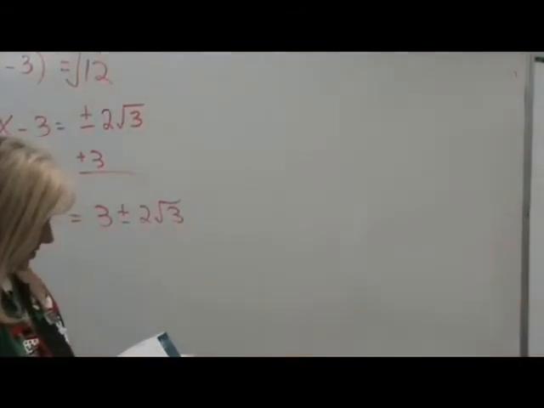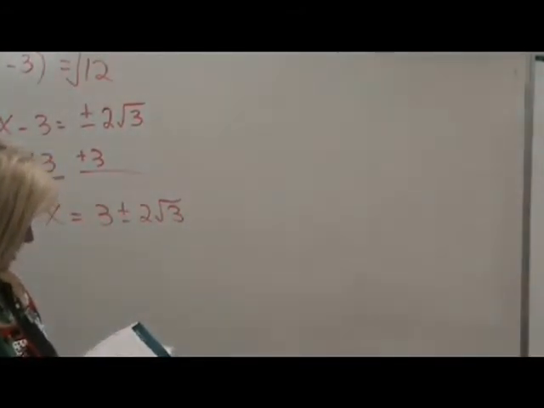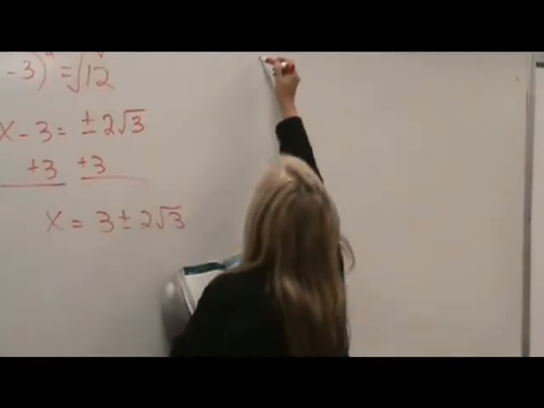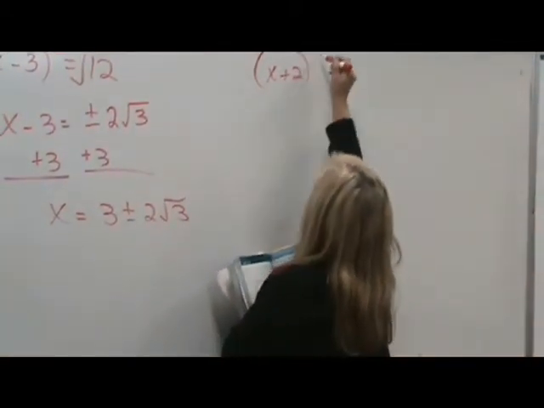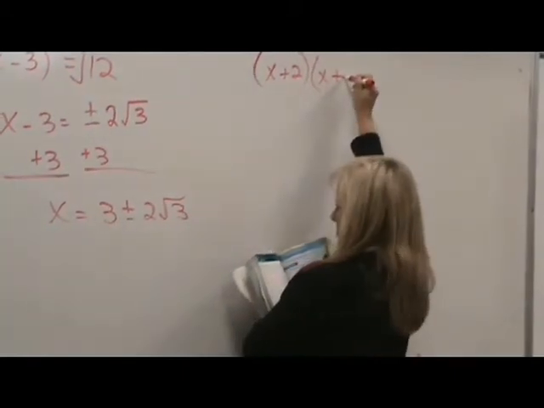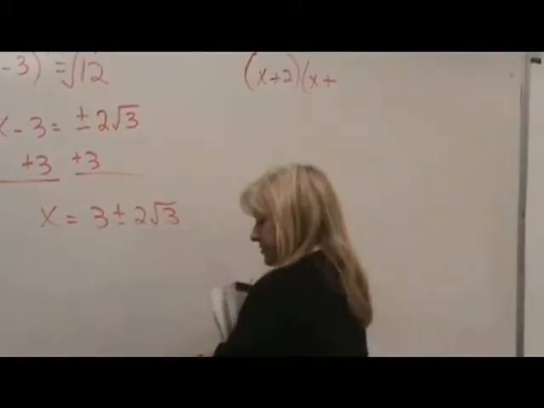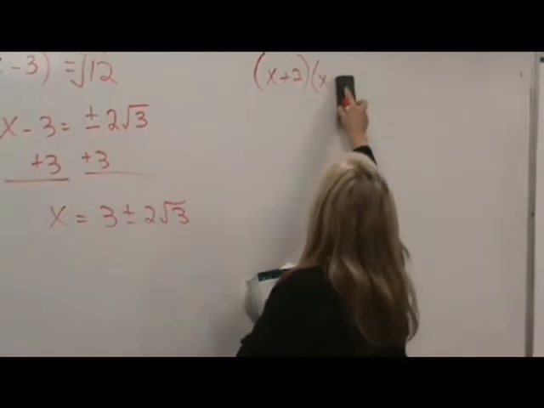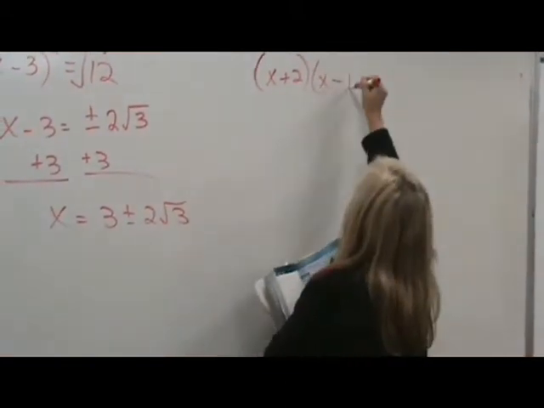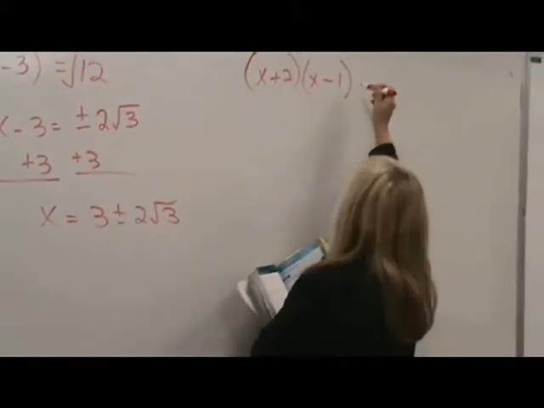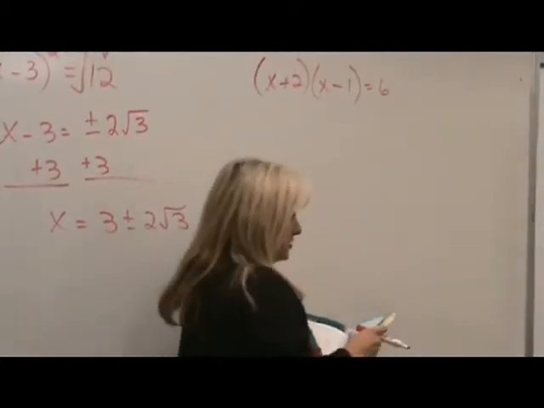How about number 6? Do you have your book? Number 6: x plus 2 times x minus 1 equals 6.